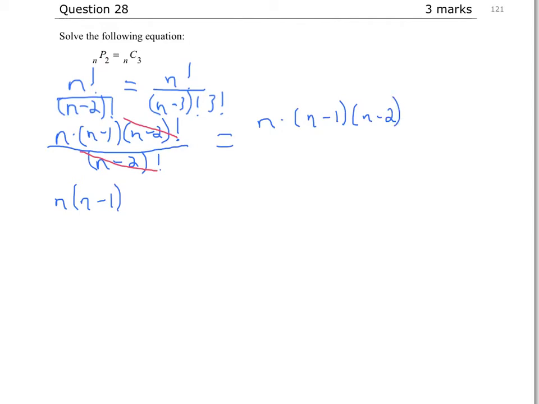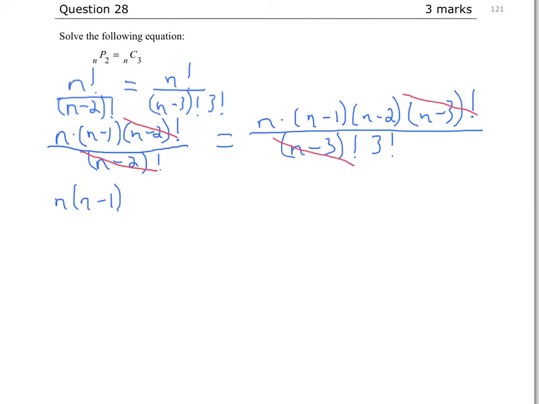I can't stop yet because I got an n minus 3 on the bottom. So (n minus 3) factorial. Now I can stop by writing the factorial symbol after. I have (n minus 3) factorial times 3 factorial. So we get a nice cancellation here as well, and we get that expression.